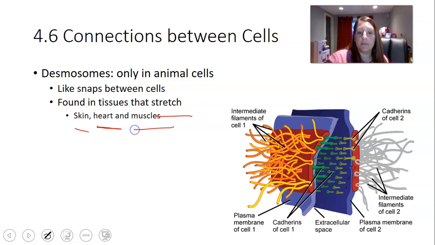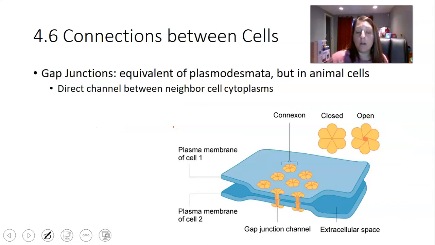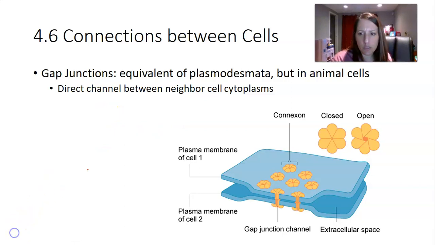Or muscle cells, if we're talking about cardiac, skeletal, or smooth muscle cells, any of those will be connected to each other, but those connections allow flexibility or stretching of that tissue. Those are called desmosomes.